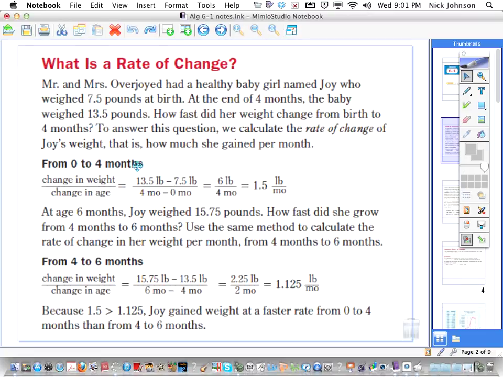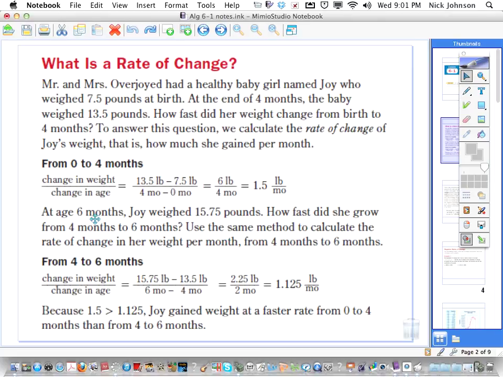So 13.5 pounds is what she ended up at, minus 7.5 pounds is where she started at, is equal to 6 pounds. 4 months minus the beginning age, which is 0 months. 4 minus 0 equals 4. If you take 6 divided by 4, you get 1.5 pounds per month. So she gained 1.5 pounds every month.